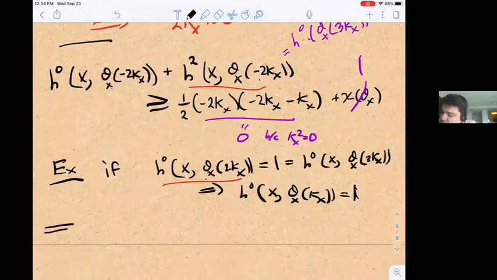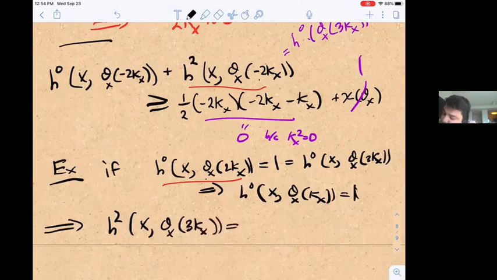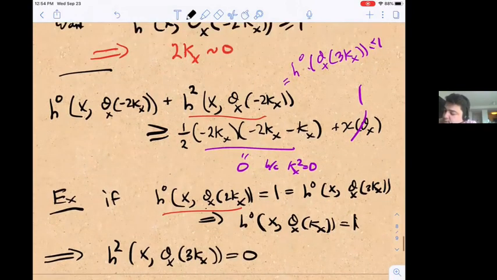So this implies that h2(X, O_X(3K_X)) is actually 0. And so then this goes away, and we get that h0 of O(-2K) is at least 1, because the Euler characteristic is 1.